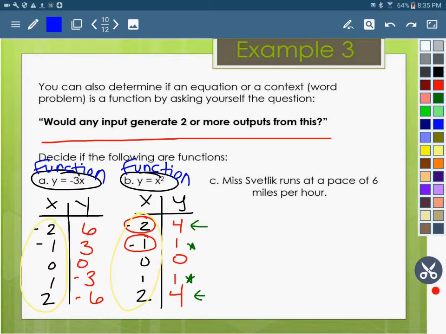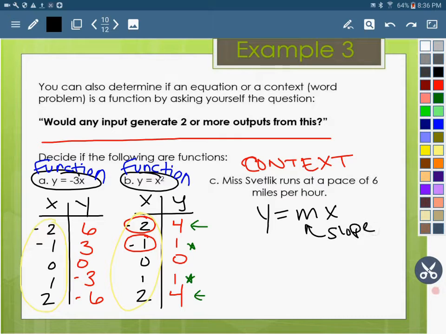Part C says, Miss Svetlik runs at a pace of 6 miles per hour. I think the easiest way to figure out if a context is a function is by creating the equation. The equation that we've learned how to create from contexts is of the form y equals mx, where m is the slope or rate of change.